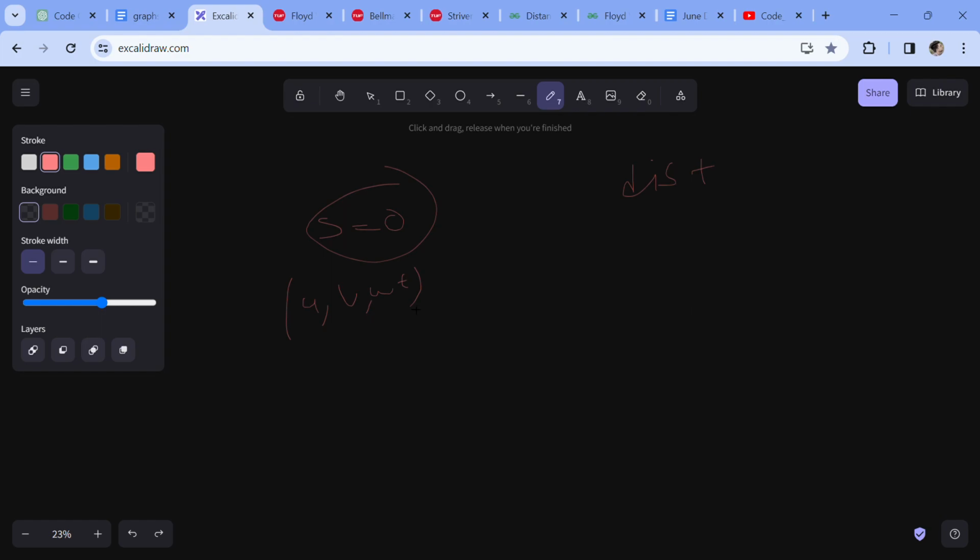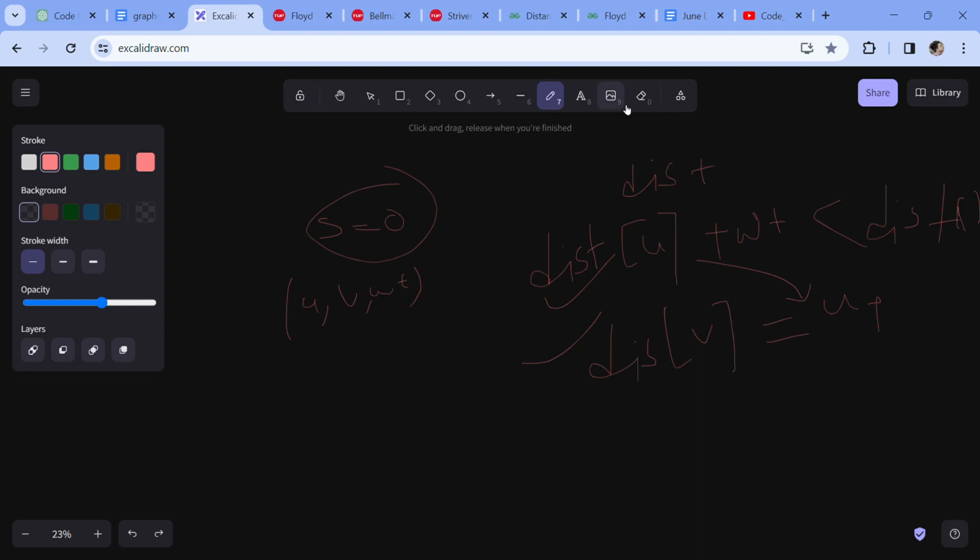So if the distance of u plus weight is coming less than the distance of v, then we need to update our distance vector with this value, that is distance of u plus weight.